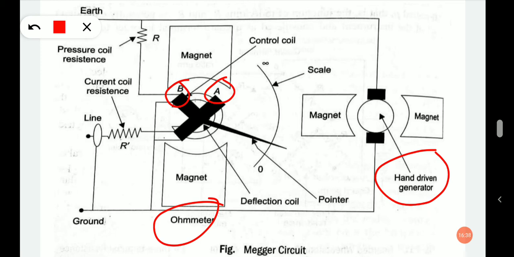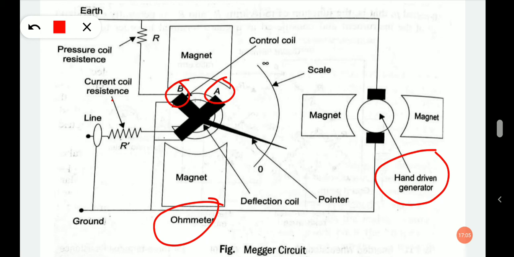When an operating current is provided by the generator, it flows through coil B, which endeavors to settle down at an angle of 90 degrees with respect to the field of the permanent magnet. If the test terminals are open, coil A does not carry any current.